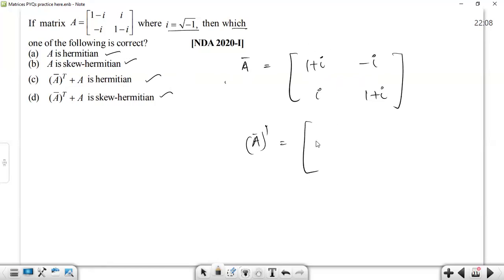First row becomes the first column, second row becomes the second column. So is it equal to the given matrix? Is it equal to A? Can anyone tell me, please?